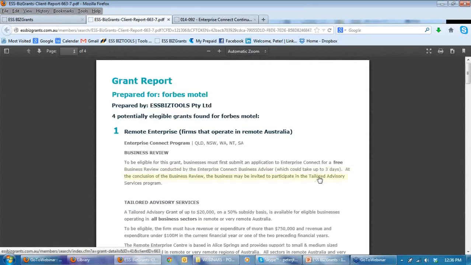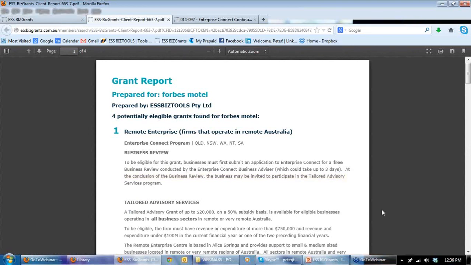You have to answer a few extra questions, and you will then be produced a report, and in a very proactive manner you are then able to submit that report to your client, and your client will be able to decide then which grant they are interested in applying for.